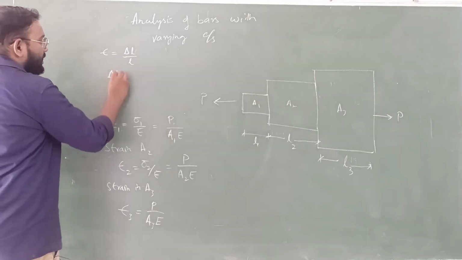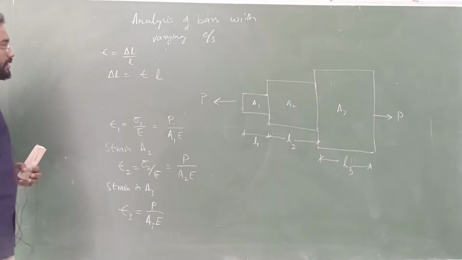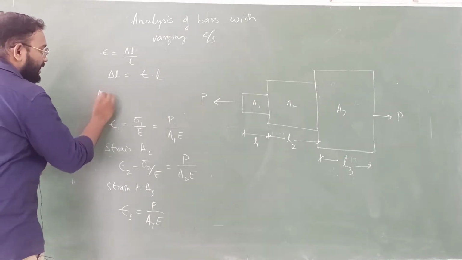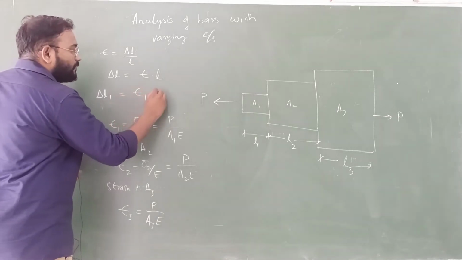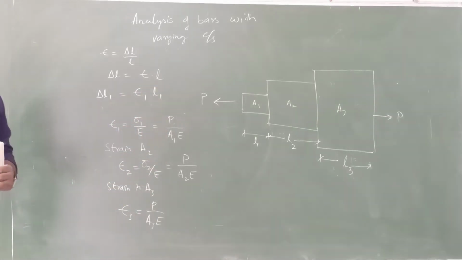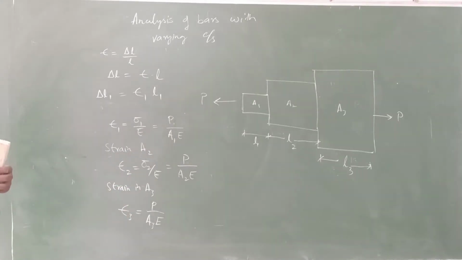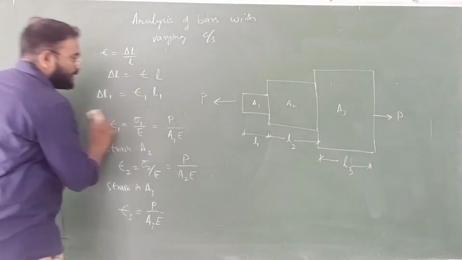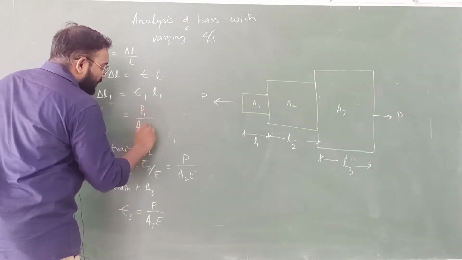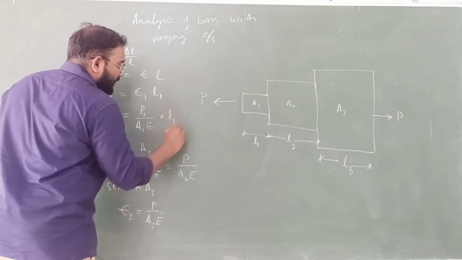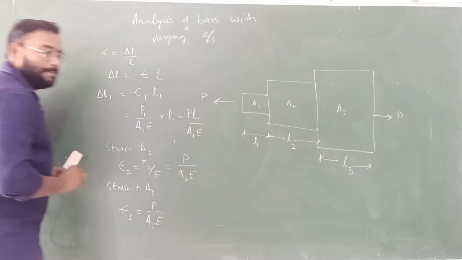If I want delta L, it is epsilon into capital L. Now, if I want to calculate delta L1, this will be epsilon 1 into L1. I substitute epsilon 1, which is P by A1 into E, multiplied by L1, so this is equal to P L1 by A1 E.